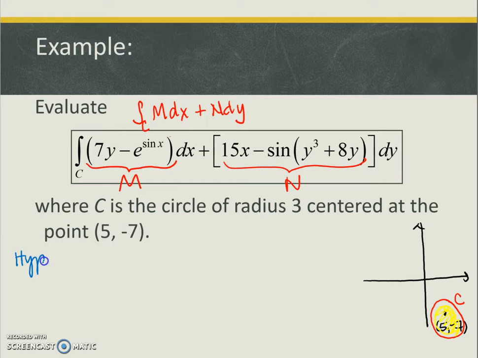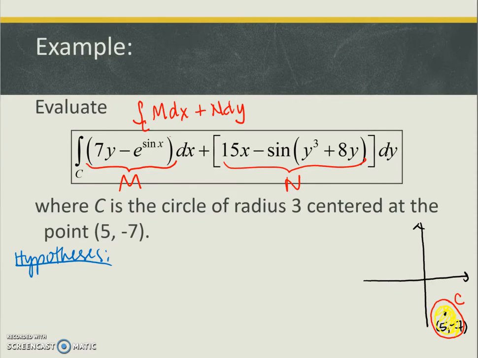So first of all, we need that our region R, here is my R inside this circle, is a simply connected region bounded by a piecewise smooth curve C. And that curve C, I can certainly orient counterclockwise without any difficulty.